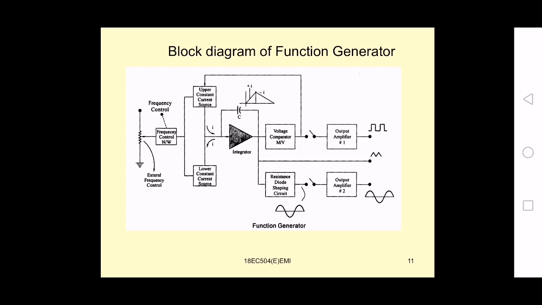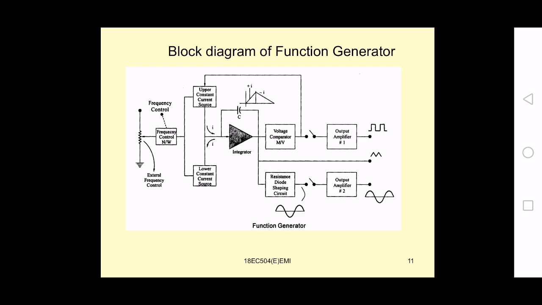At some point of this triangular output, again the voltage comparator multivibrator changes its state. Then again it turns off the lower constant current source and turns on the upper constant current source. So the output of the integrator will be a triangular waveform, increasing linearly with time and decreasing linearly with time. And the voltage comparator multivibrator turns on, turns off, turns on, turns off, so it will generate the square wave.